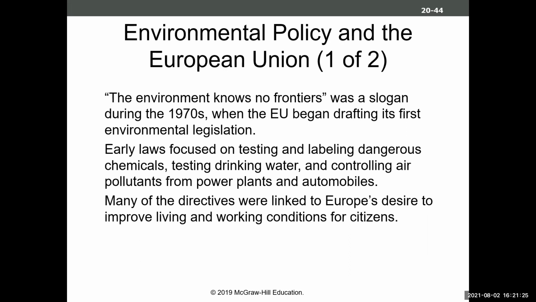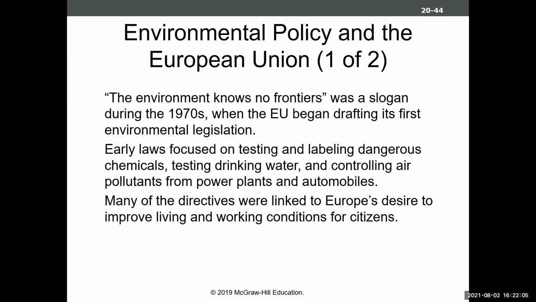The environmental policy in the European Union is pretty interesting. The EU had this slogan, "The environment knows no frontiers," during the 70s, and that was when the EU was drafting its first environmental legislation. Early laws focused on pollution control, testing, and labeling any kind of toxic or waste or harmful substances.